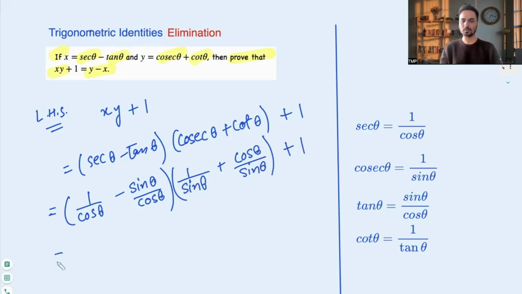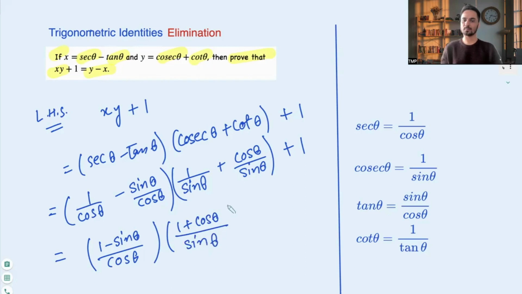plus 1. We can write the expression as (1 minus sine theta over cos theta) times (1 plus cos theta over sine theta) plus 1. So that is by taking LCM in the first bracket and the second bracket.